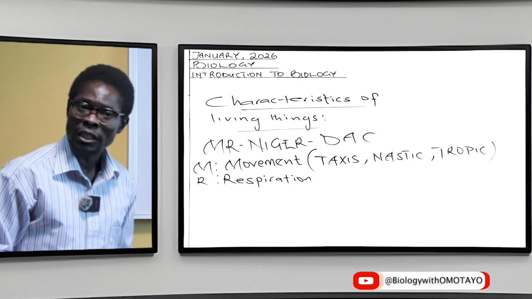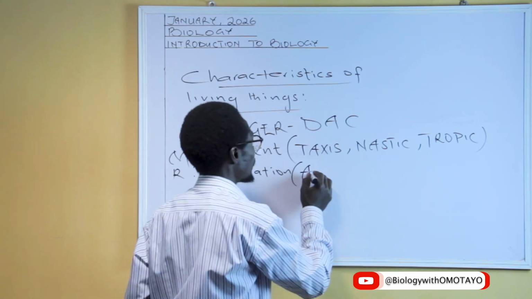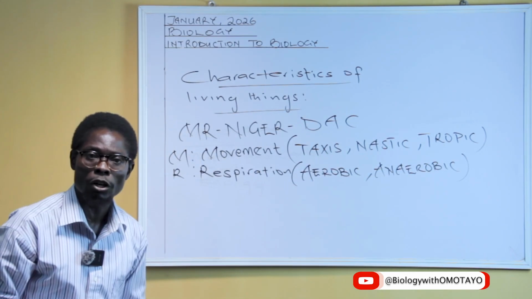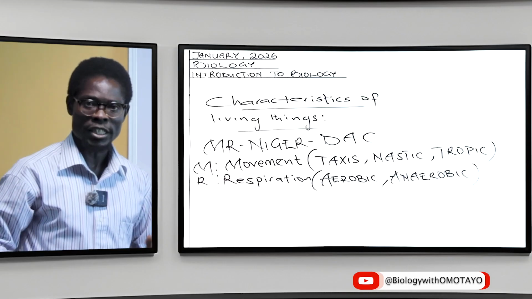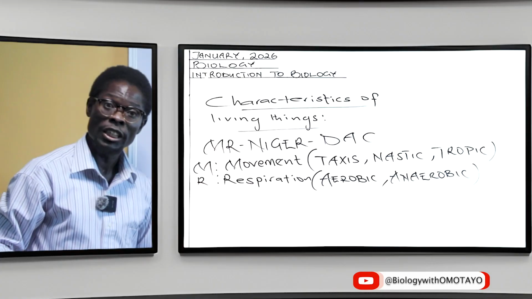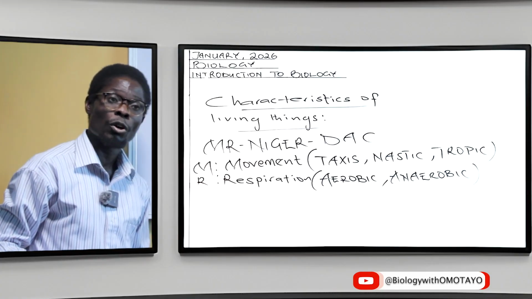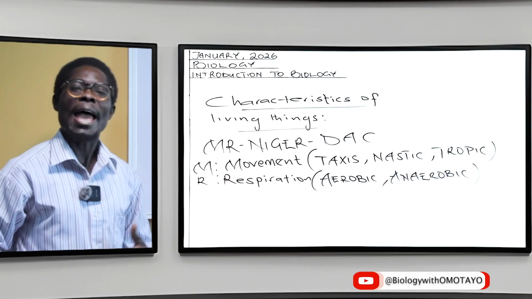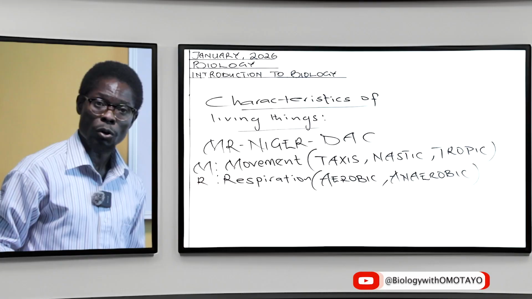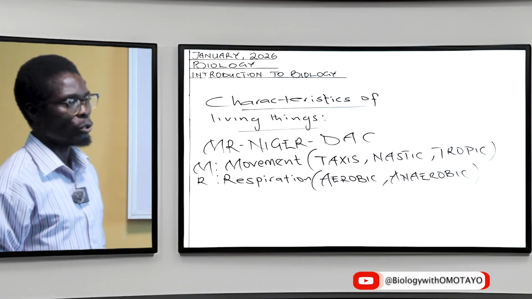So, respiration can be aerobic or anaerobic. For aerobic respiration, oxygen is involved, while for anaerobic respiration, oxygen is not involved. In plants, anaerobic respiration produces ethanol or alcohol, as the case may be, as one of its products, while in animals, lactic acid is produced.